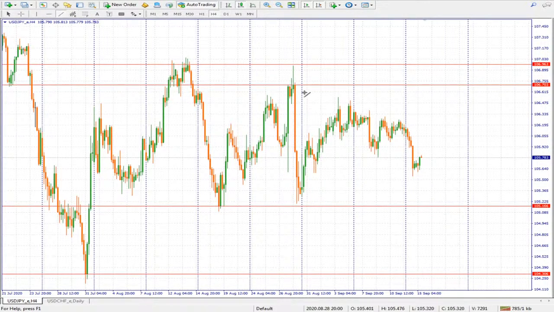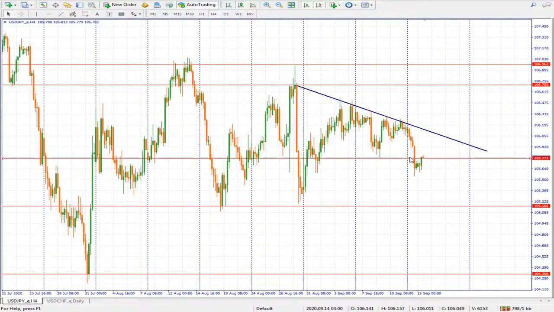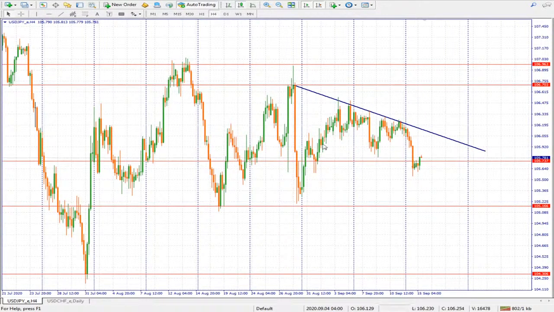On the other side, we do have this here. So this is just a good resistance. We have several resistances, and then you also have another level here. So as long as the price is held below this zone, we do expect a continuation to the lower side up to 105.166.